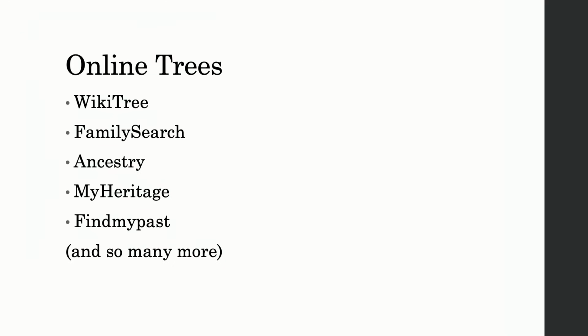When you are publishing and using online trees, I build trees for all of those other individuals that I'm tracing because I want to have a place to share that information. Sites like WikiTree, FamilySearch, Find My Past, My Heritage, Ancestry, and of course, many, many more.